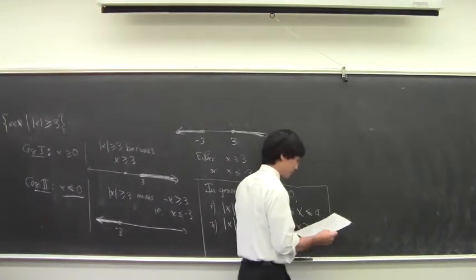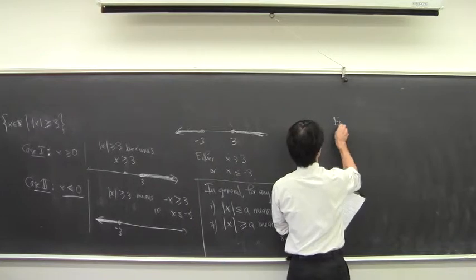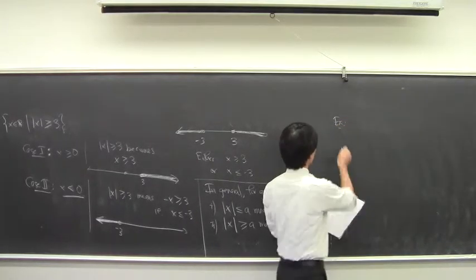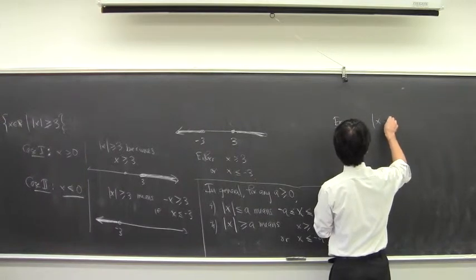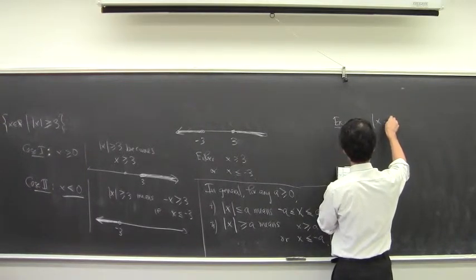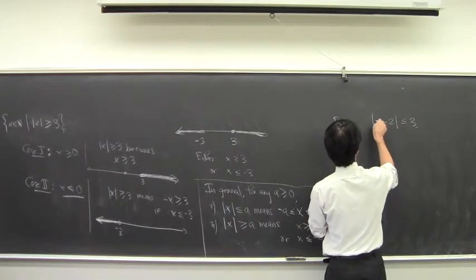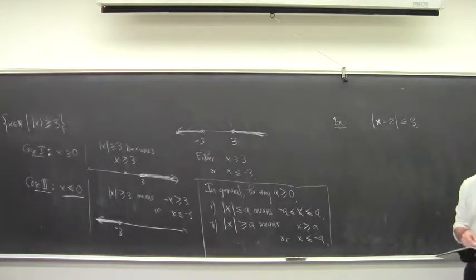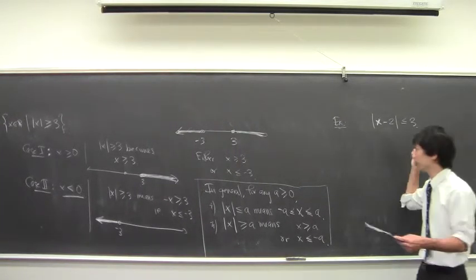Okay, so we're going to do a couple more examples. If I say something like this, x minus 2 is less than or equal to 3. At this point, you could do this in exactly the way that we did before. You break it up into cases.